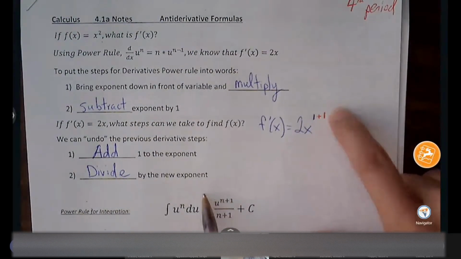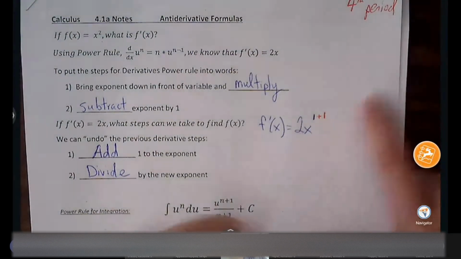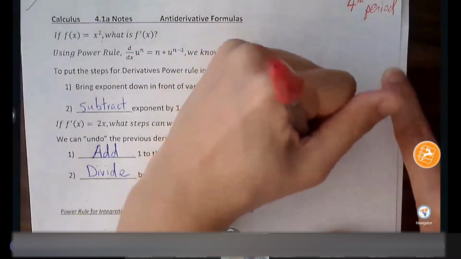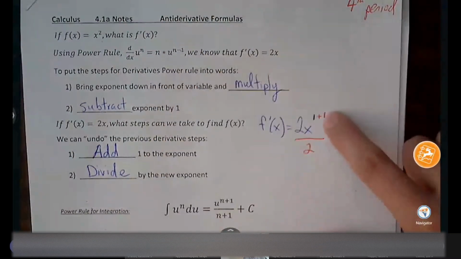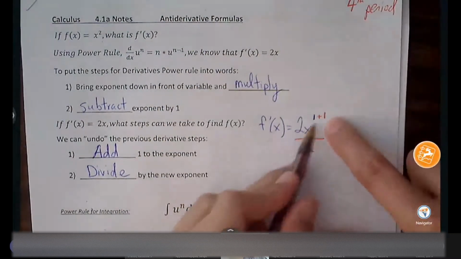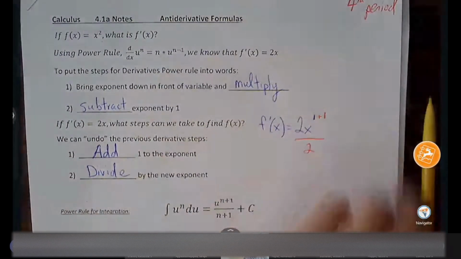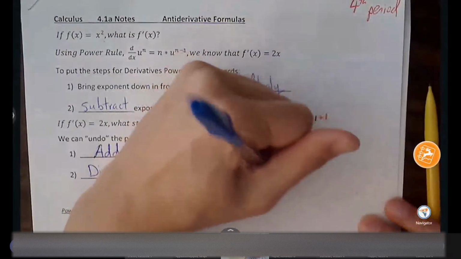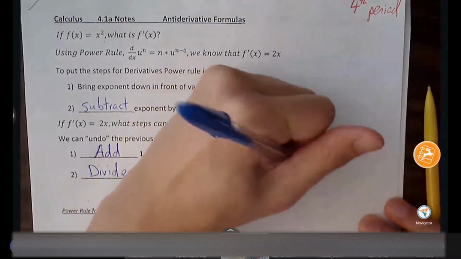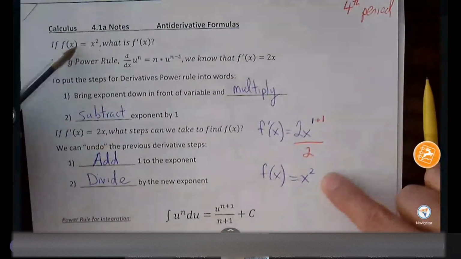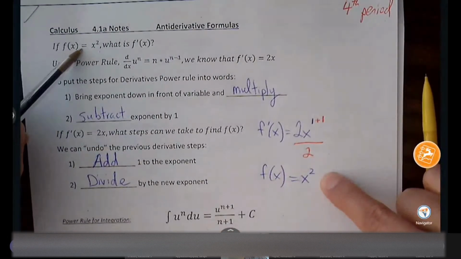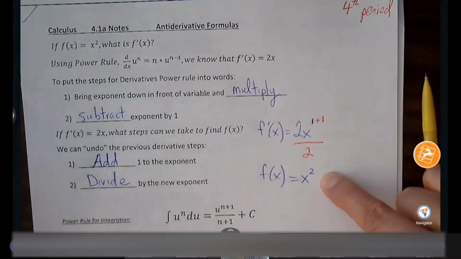And then my new exponent is 2, so I divide by that new exponent. The 2's cancel out. I'm left with x squared. So I'm back to where I started. Okay.